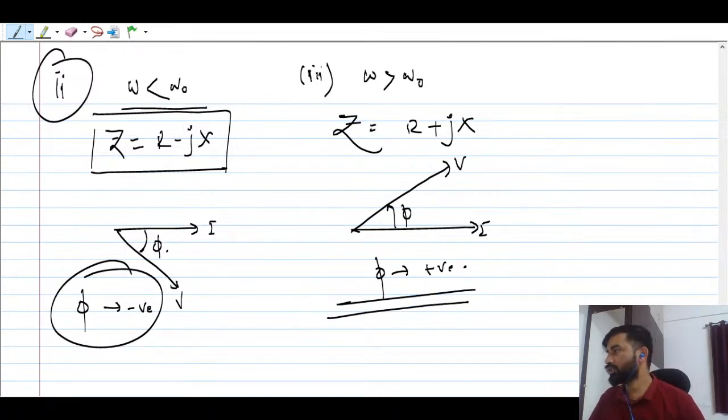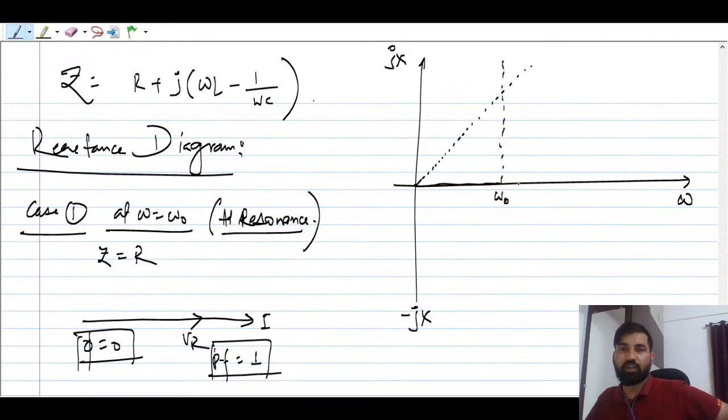So now we can draw everything. Below omega naught, the capacitive situation will be there. Here it will be capacitive. If omega is less than omega naught, what will the power factor be? The leading power factor you can have.